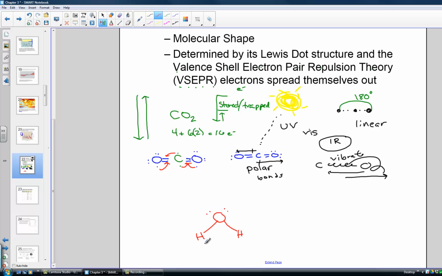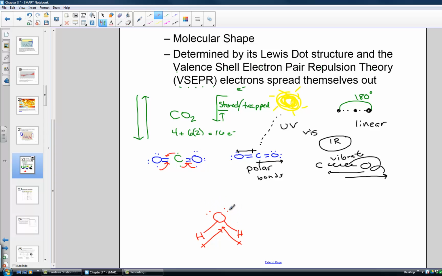The electron distribution on the hydrogen is scarce. That makes these bonds vibrate and twist just as a spring would. Remember my spring analogy. I can stretch it, I can compress it, I can twist it, anything you can do to a slinky, these bonds behave in the same way.